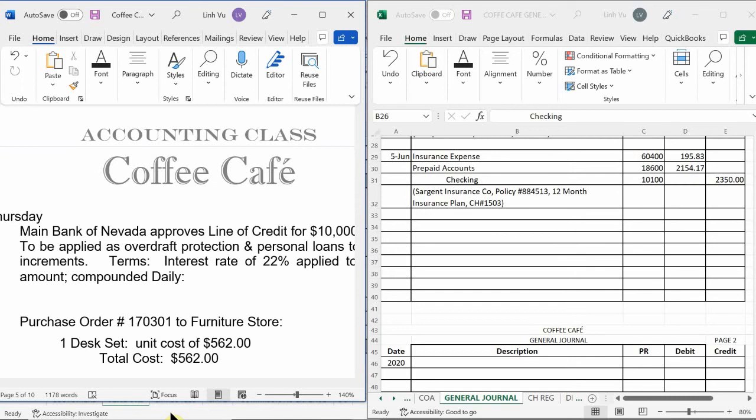So this line of credit, what is it for? For overdraft protection. So would it go to your checking? No, because there's a condition that needs to be met.